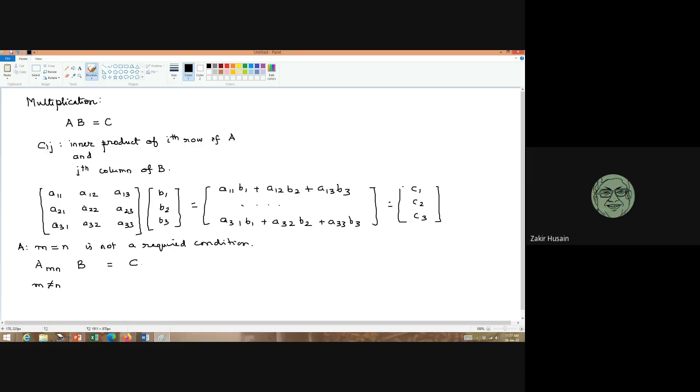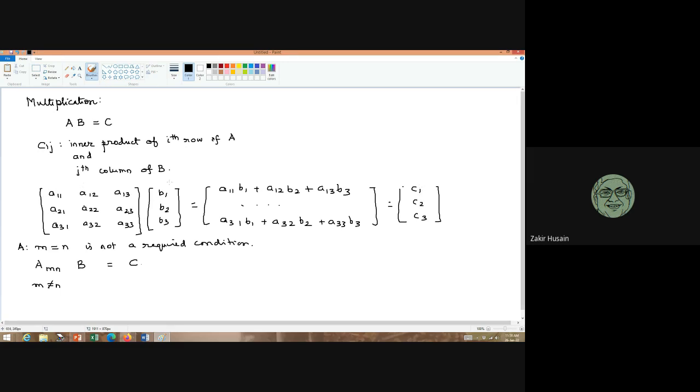An element in C is the inner product of the ith row of A and the jth column of B. So we take this row, we multiply this. So what we get is A11 B1 plus A12 B2, what we call the sum product. You're taking the product and then summing them up. And this is equal to C1.